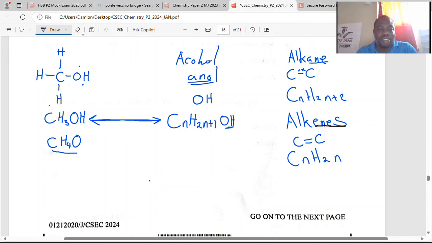So what is it that we call this compound? What would be the name of this?